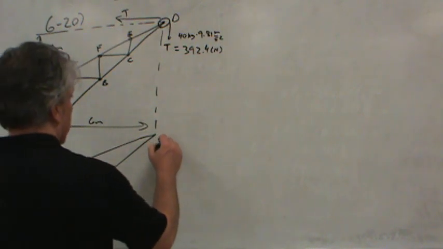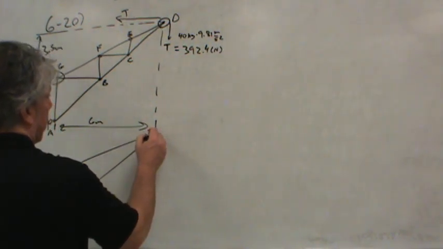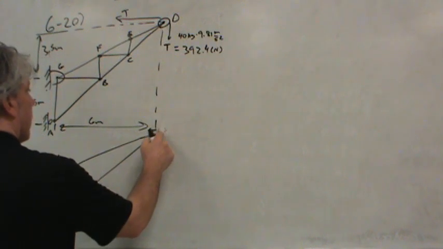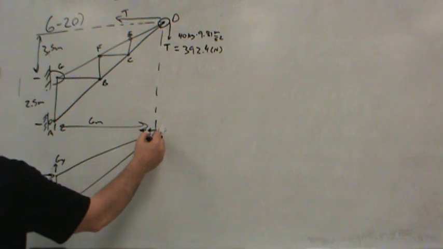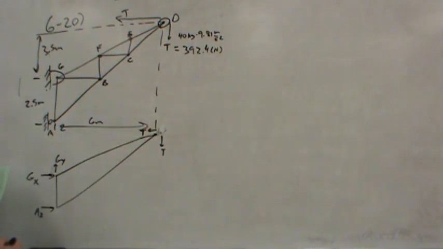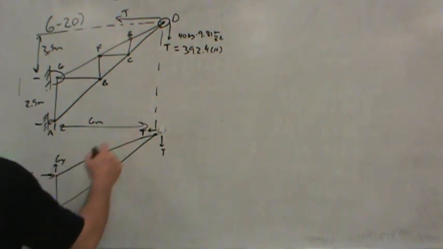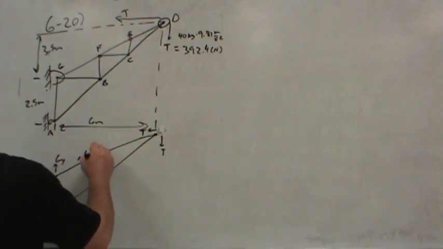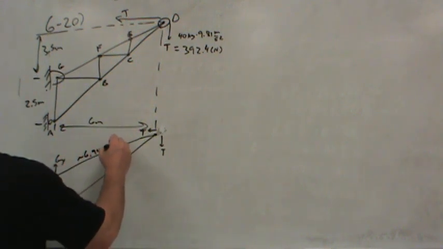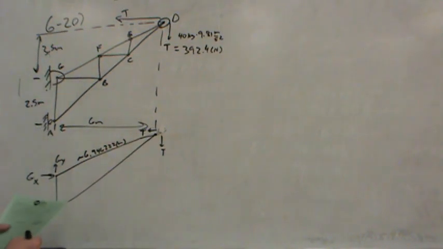And tension, out here, I'll try to offset it a bit from point D because they are offset by 0.1 meters. But I went ahead and calculated the length of this side, and I got about 6.946222 meters. I don't know why I wrote down so many decimal places, but there it is.